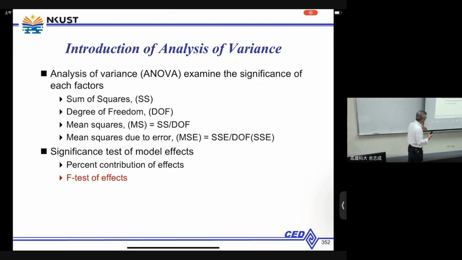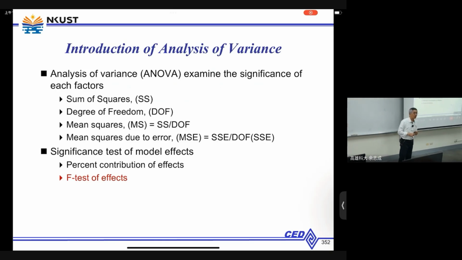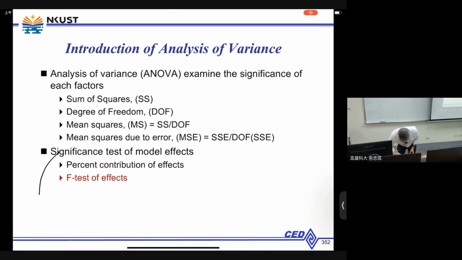Then, the reason we want to use ANOVA is we want to understand how important each effect is. So we want to estimate the significance. And the significance, in other words, is similar to importance.